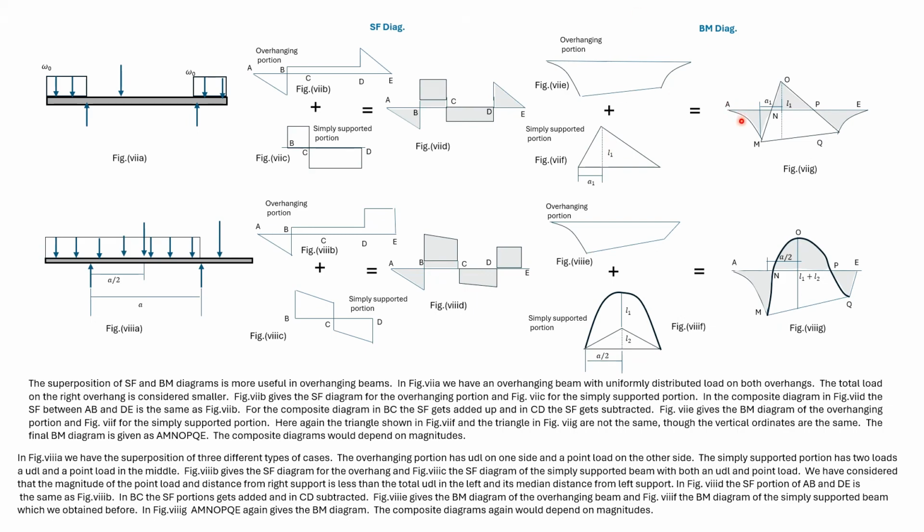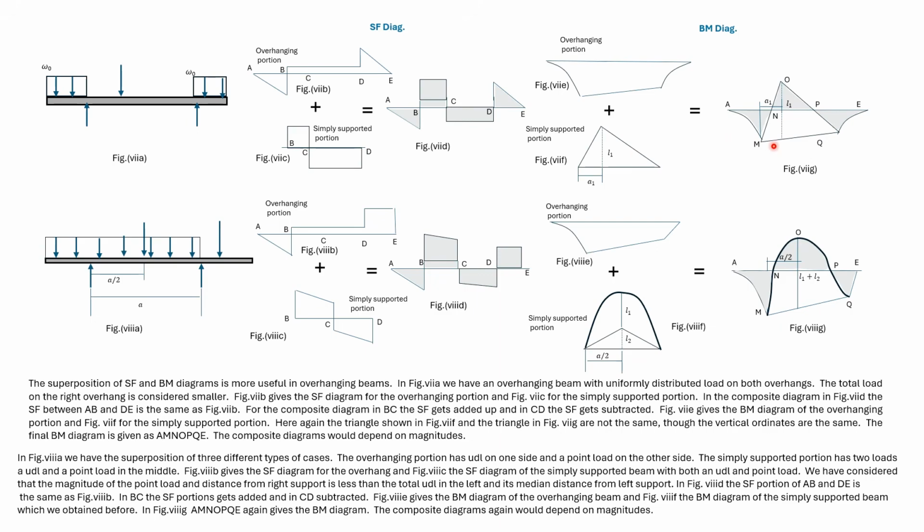Here we have put together both these bending moment diagrams. Notice that OMQ, the triangle, is not the same as this triangle. Only the vertical coordinates are the same. We mentioned that we consider L1 to be relatively high.